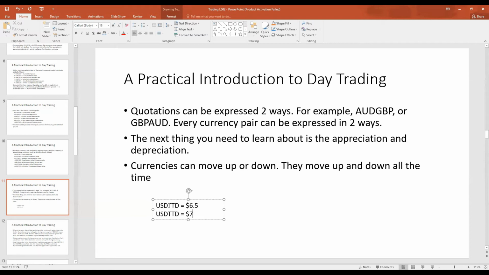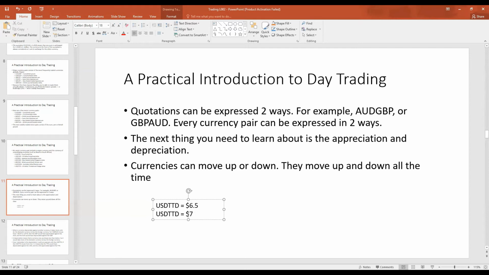So in this example, the exchange rate between the USD TTD was 6.5. Now, if the exchange rate moved to 7, what that meant is that it now takes more units of Trinidad and Tobago dollars to buy $1 of US currency. So the Trinidad and Tobago dollar is now less valuable than before.